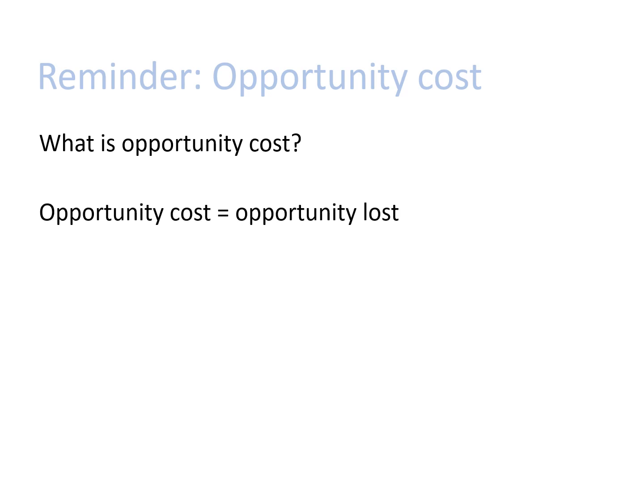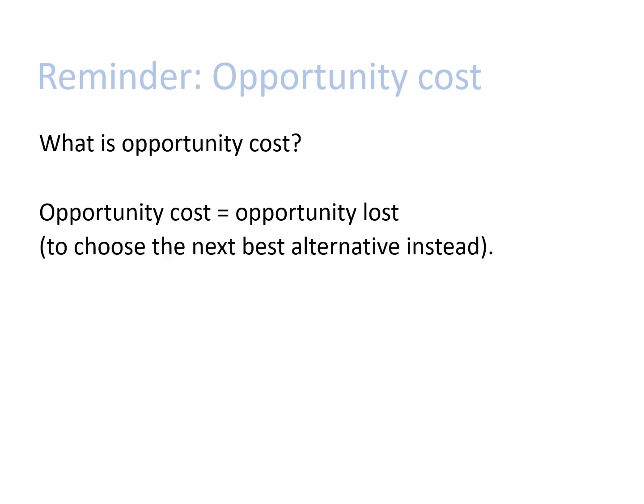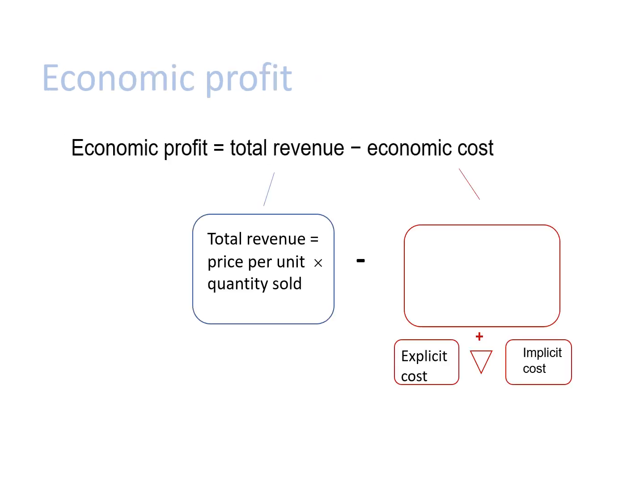Well, the opportunity cost is the opportunity that you lose by making a decision. So if you make a decision, the next best alternative that you could have chosen is the opportunity lost, or the opportunity cost.